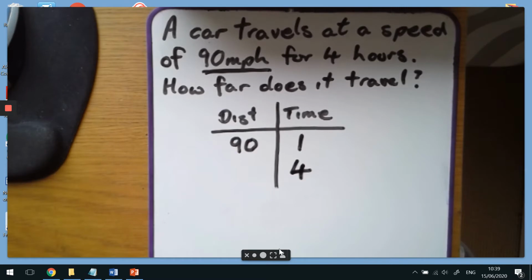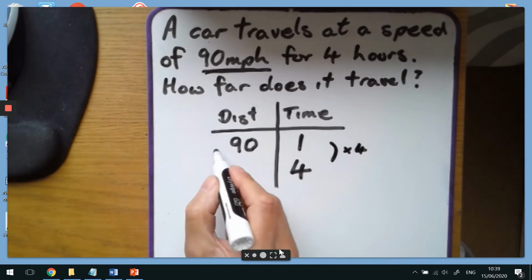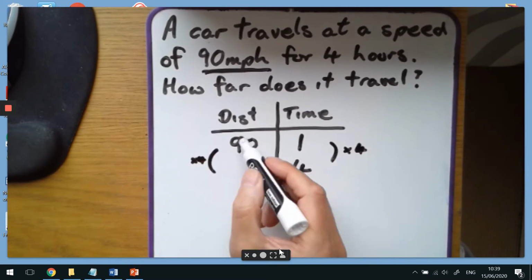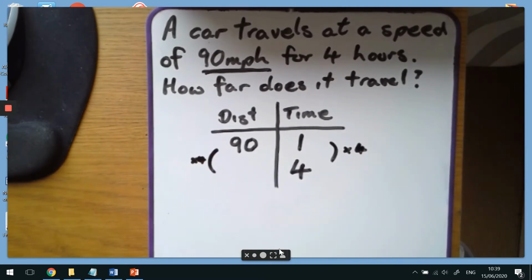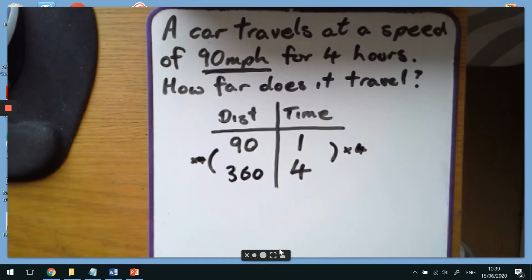From there, we can probably see that it's a times 4. We could do this without a calculator. So multiply 90 by 4 and we get 360. So that is the answer, 360 miles.